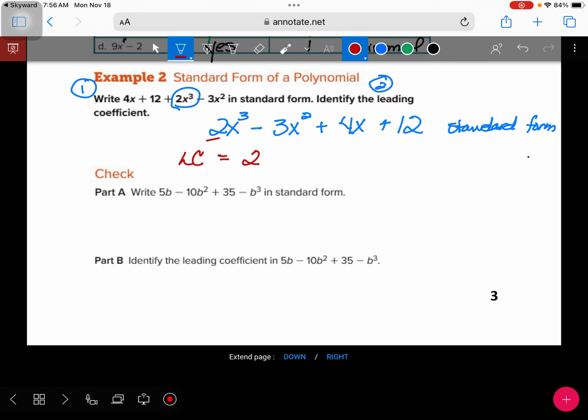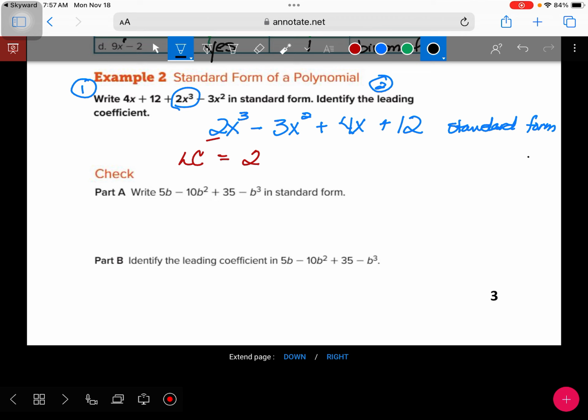Okay. So part A says, write 5b minus 10b squared plus 35 minus b to the third in standard form. So go ahead and do that in standard form. What has the highest degree? That's what you want to start with. What has the next highest degree? So which one of these terms has the highest degree? Sanaya, what has the highest degree here?